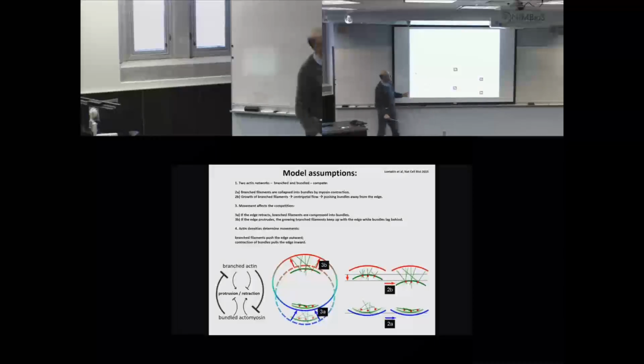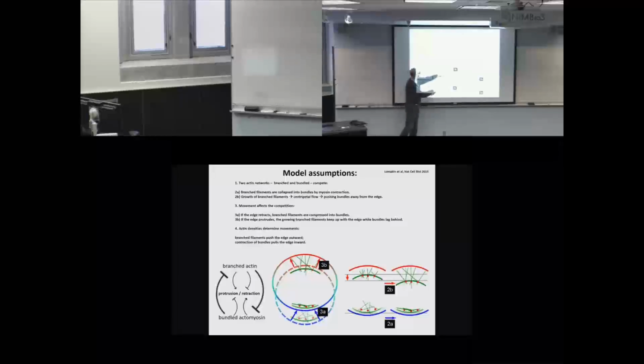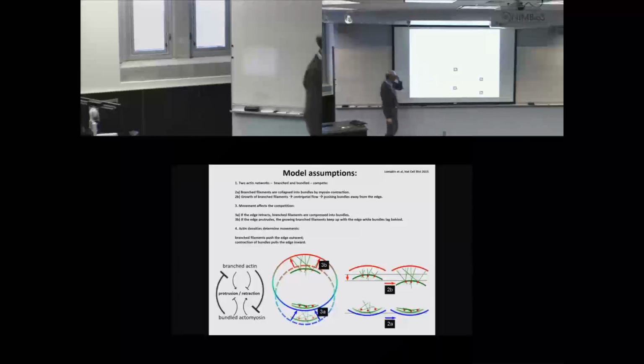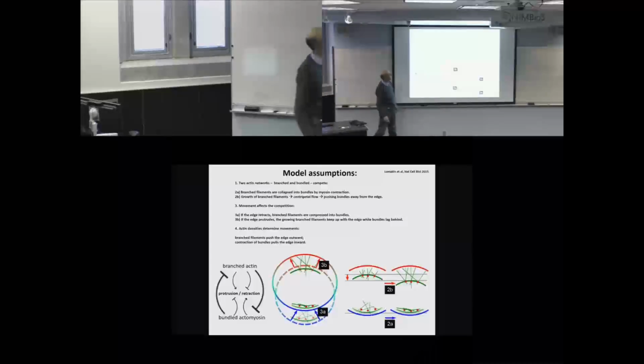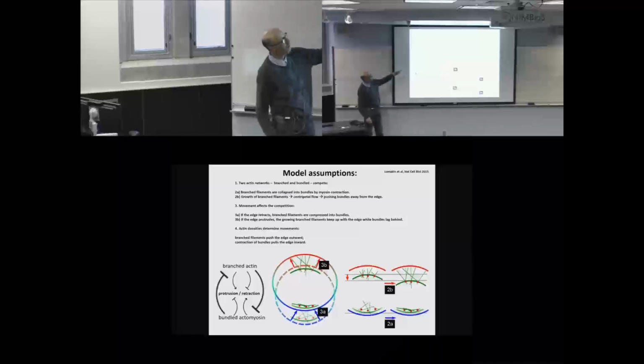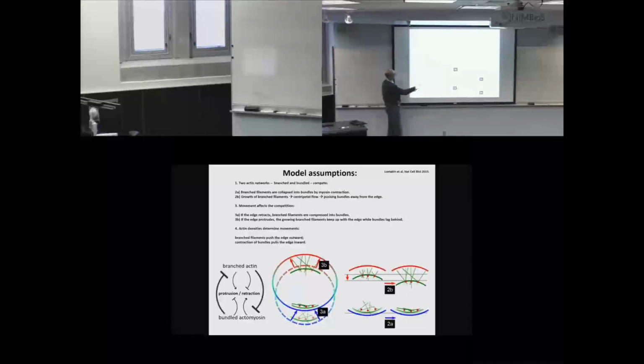At the front, movement helps the branched actin because it leaves the bundles behind, but growing branched actin filaments can stay here. And then actin density determines how the boundary moves, because if you have a lot of branched filaments, they would be moving the boundary, but bundles tend to contract and bring in the rear.